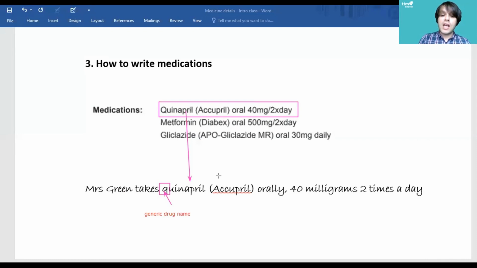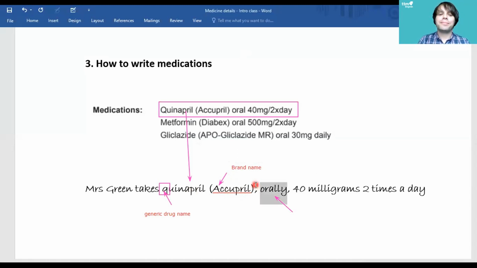But the brand name is Accupril, right? So I need a capital. Okay. So I've decided to put the generic drug name like this, then the brand name here. What's next? Comma. It's optional. You can, if you want, put a comma, but it's optional. Okay. So here we can put a comma.